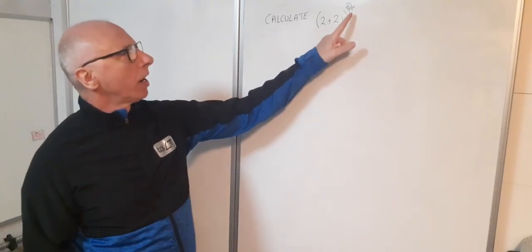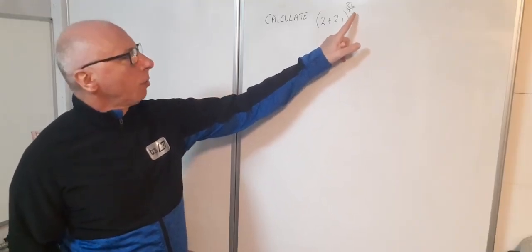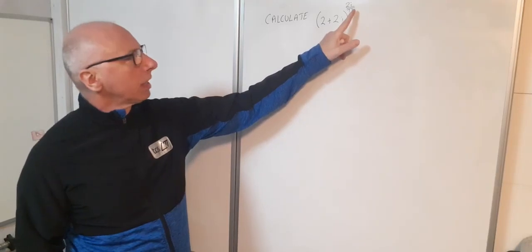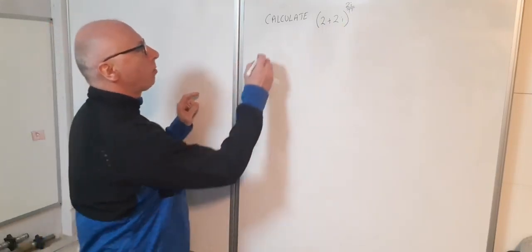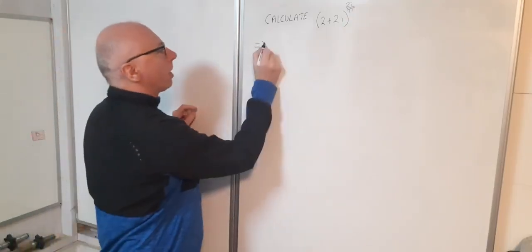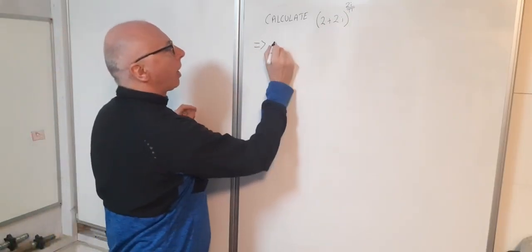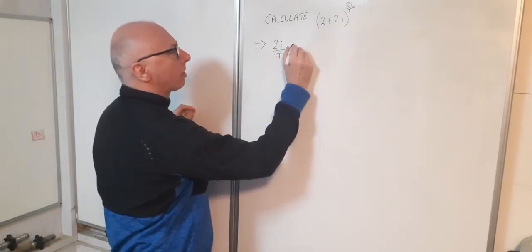So 2 plus 2i to the power of 2i over pi. Now the normal thing to do here with the logarithm rules is to take the log of this and get that out to the front. So if I just do equals here before each line, I bring the 2i over pi out to the front and then take the log of this.